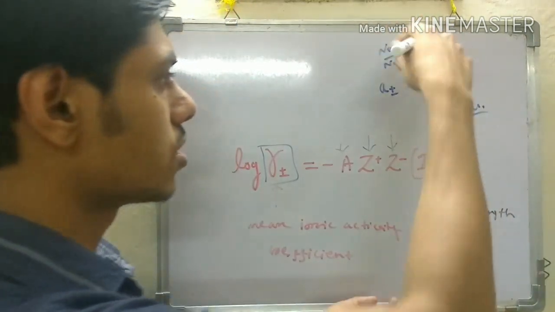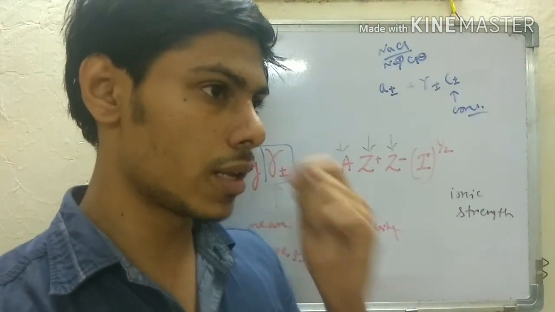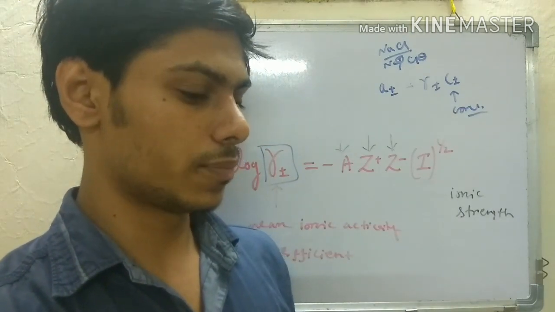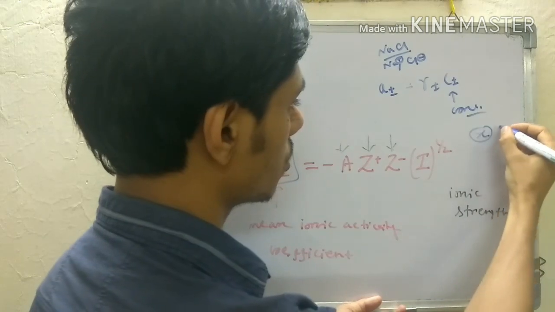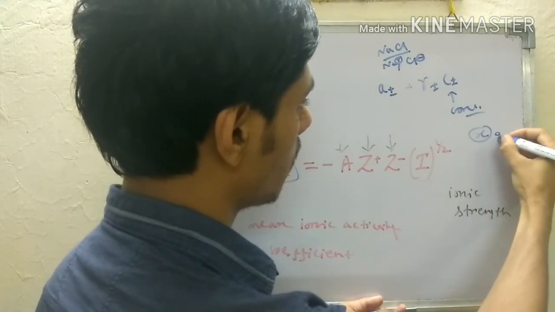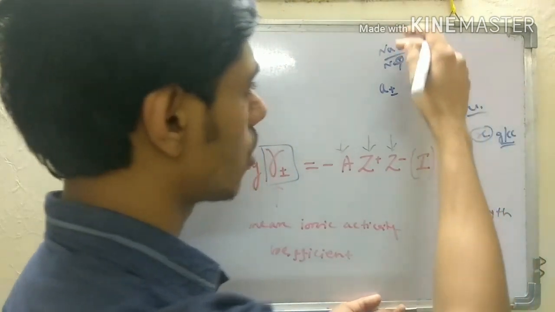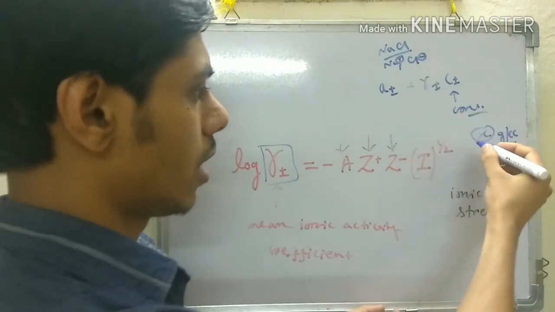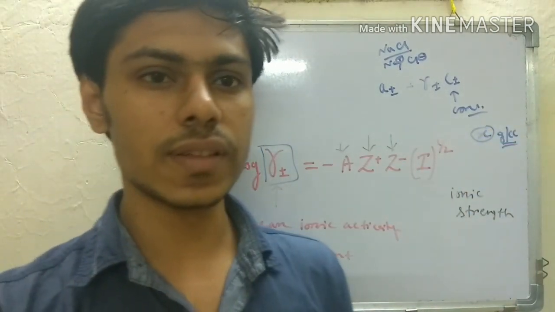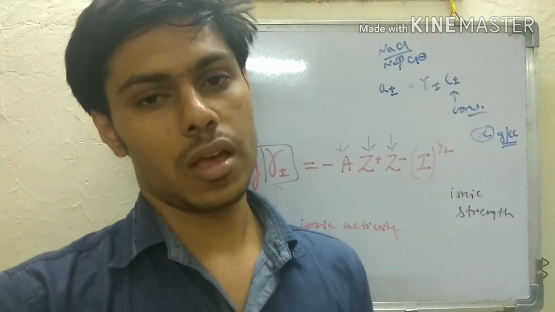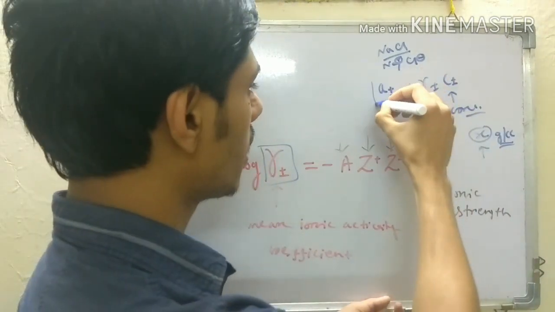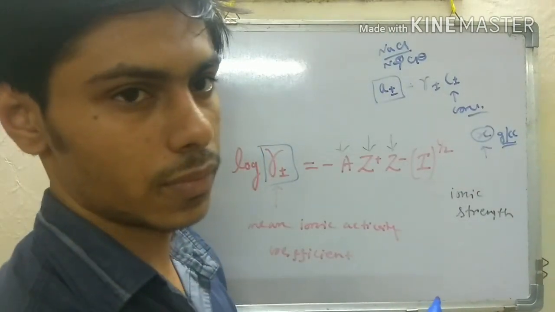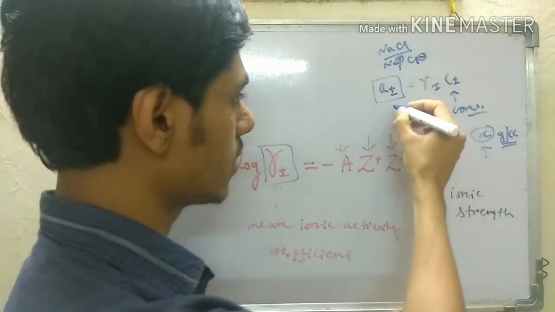So let's say you are preparing a solution of X concentration, X gram per cc, the concentration of your NaCl solution. But you cannot decide the physical or chemical properties of the solution by considering this X. You have to determine the mean ionic activity, and that is a.